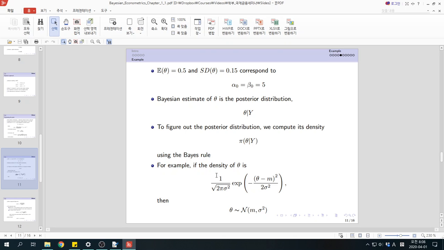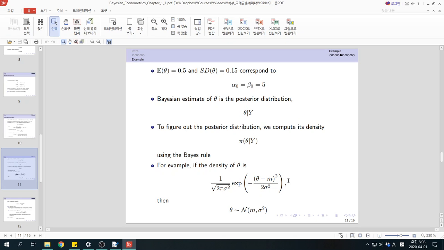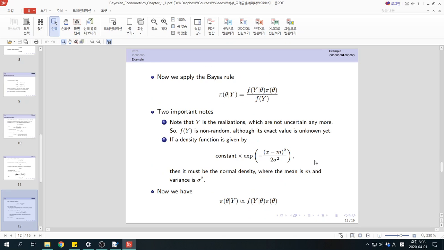Its role is just to make the integral of the density equal 1. So once we know the rest, we are sure that this must be a normal density. There is no need to know the full functional form; we just need to know the kernel. We don't need the specific value of the normalizing constant. Once we know this kernel, we can see what kind of distribution it is.